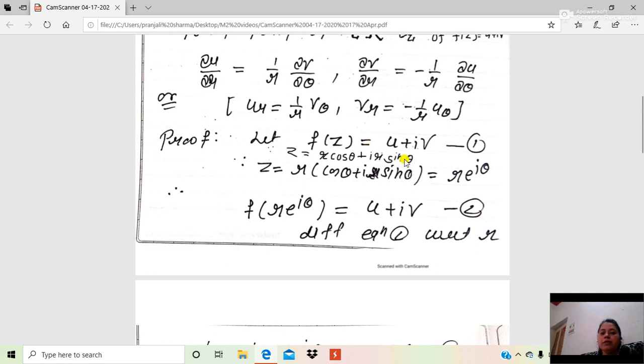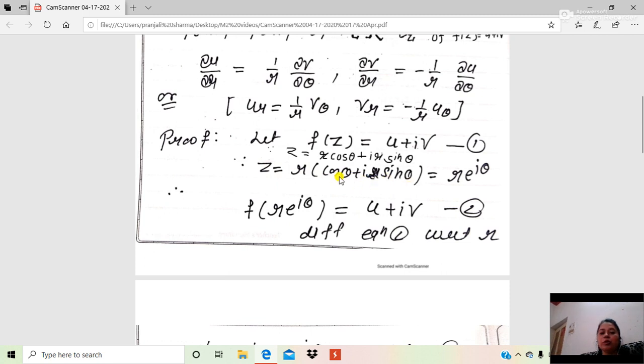Since f(z) = u + iv, take it as equation number 1. Now, as we know that z = x + iy, it can be written as z = r cos θ + i r sin θ. If we take r as common, z = r (cos θ + i sin θ).